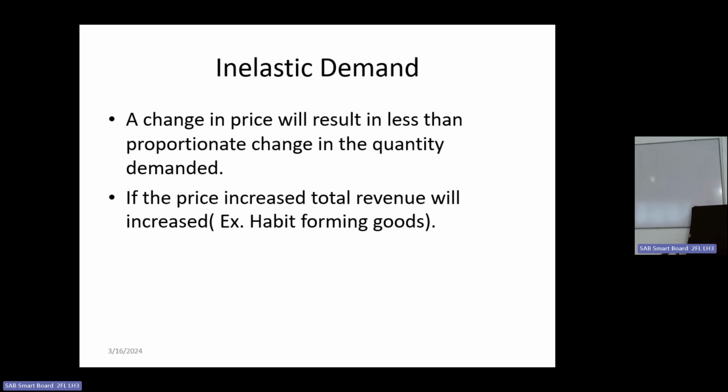Therefore, the government can raise revenue by imposing taxes on such goods. In the inelastic case, raising the price is good in order to raise the revenue.